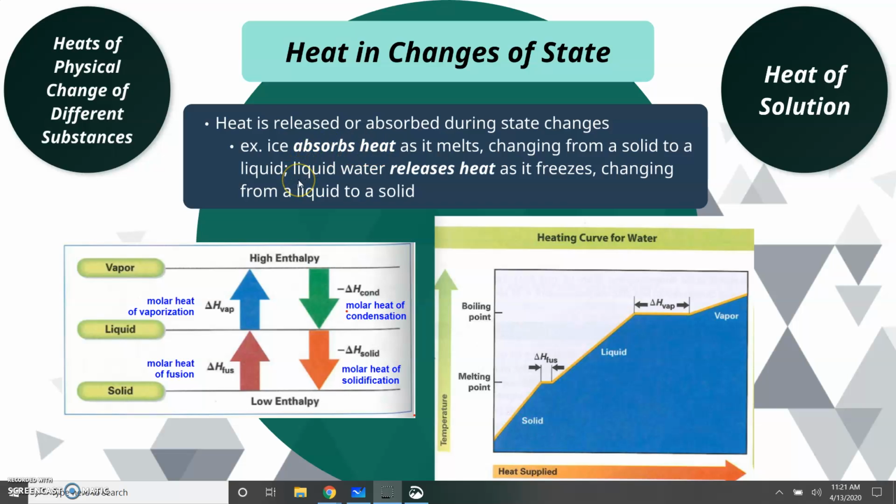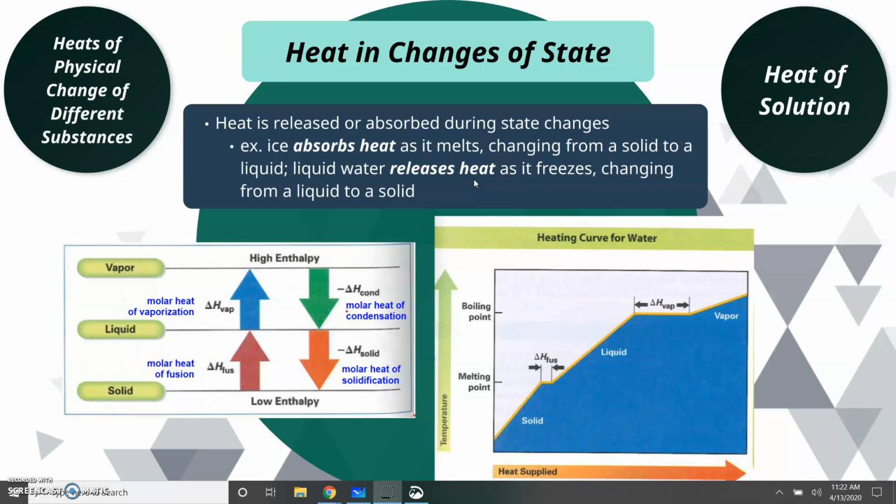Fascinating to me is that the converse is also true, that when liquid water freezes, it's going to release heat as it changes from the less ordered liquid into a more ordered solid. A very cool example of this is that in orange orchards that are susceptible to frost, if their fruit freezes, it's going to damage the fruit and it's not going to be as valuable.